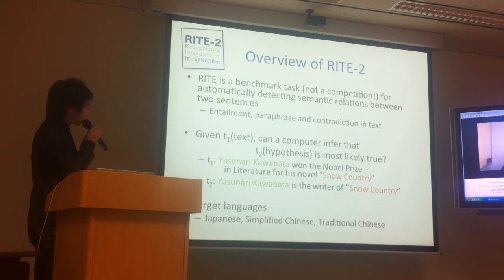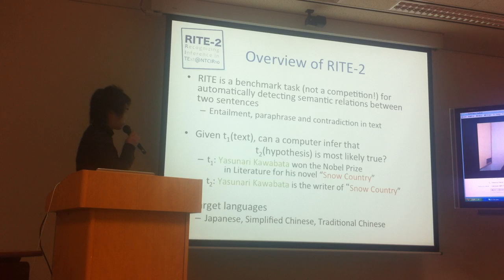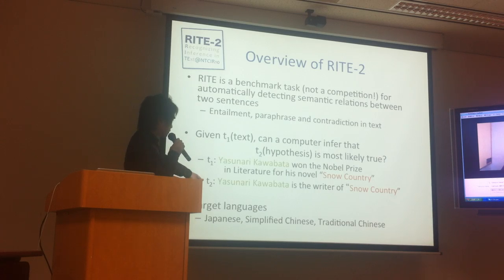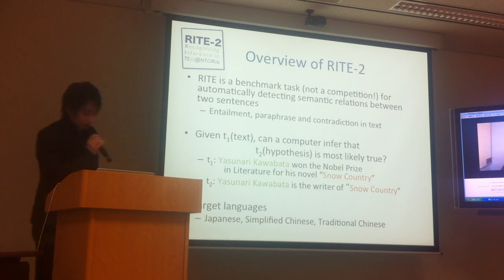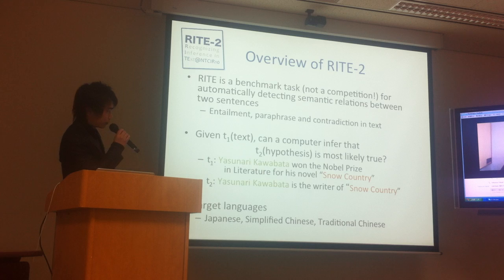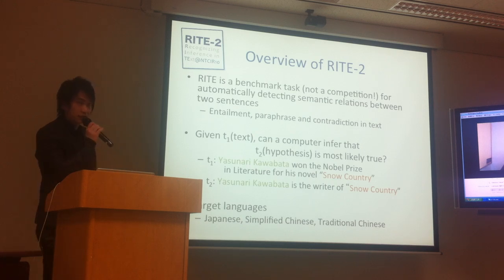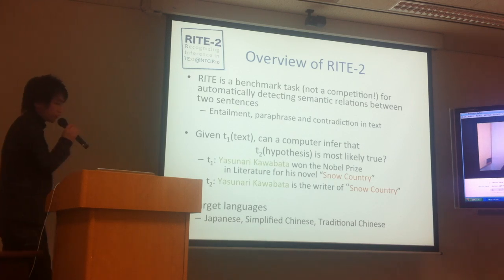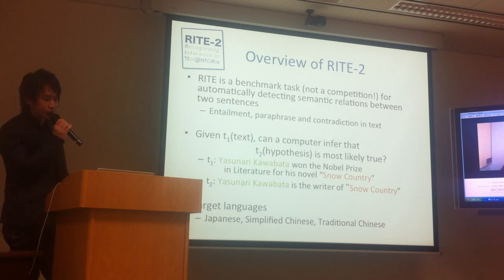The systems are required to recognize whether text T2 is inferred from T1. The technology of recognizing textual entailment is effective for various applications such as information retrieval, question answering, and document summarization.